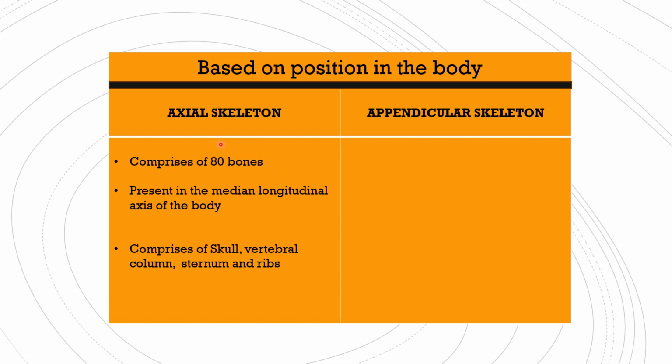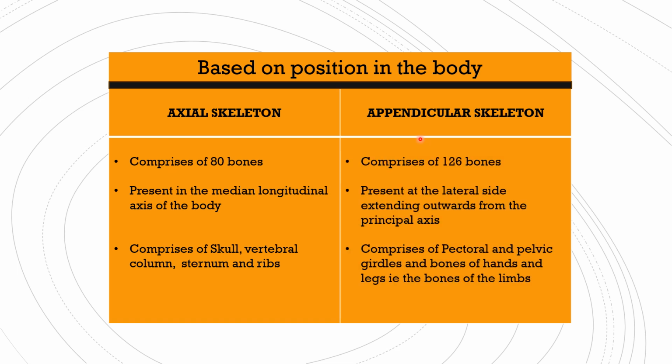It comprises 80 bones formed of skull, vertebral column, sternum and ribs. Appendicular skeleton, again as the name suggests, appendix means something which is additionally attached. That is, they are present on the lateral side and extend outwards from the principal axis. There are 126 bones in the appendicular skeleton, and your pectoral and pelvic girdles and the bones of the hands and legs are all part of the appendicular skeleton.